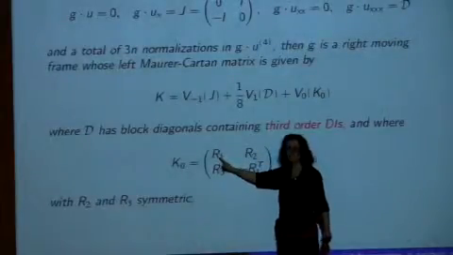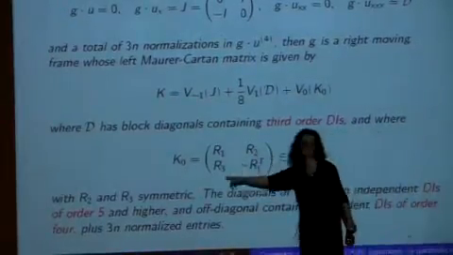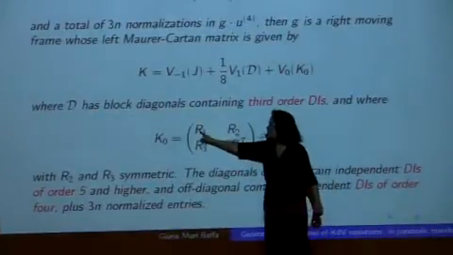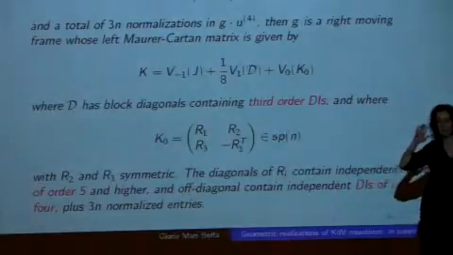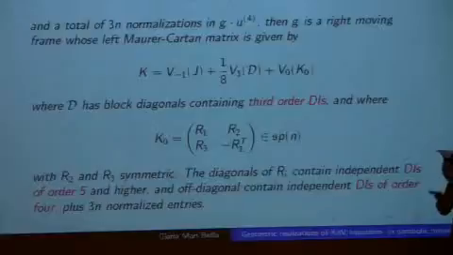So it's symplectic, that means that R2 and R3 are symmetric, and then R1 has a diagonal. The diagonals of R3 have the highest order invariants, so it has the generators of fifth order and higher.